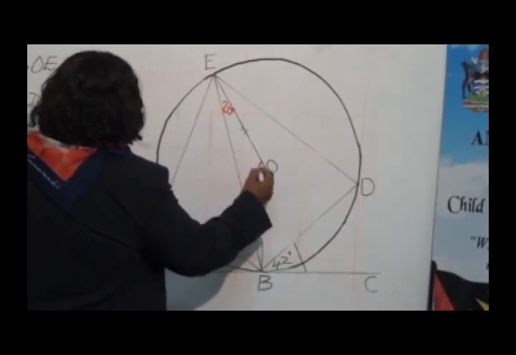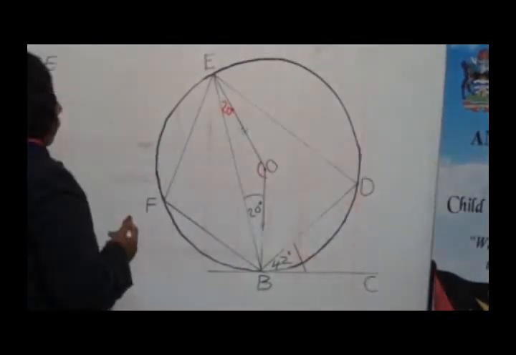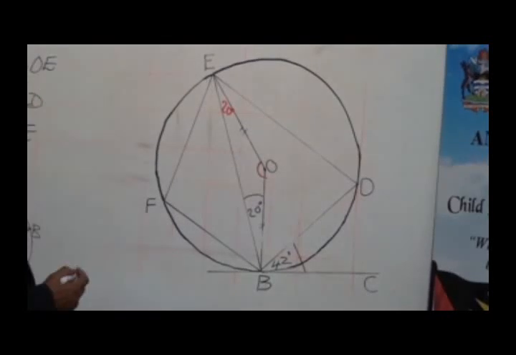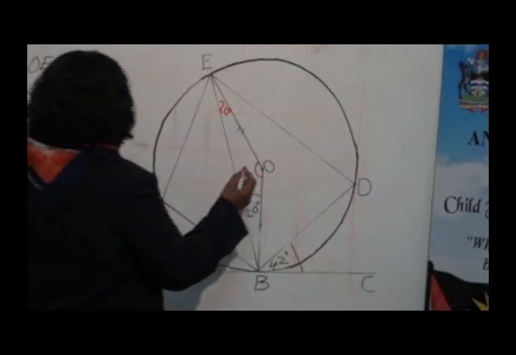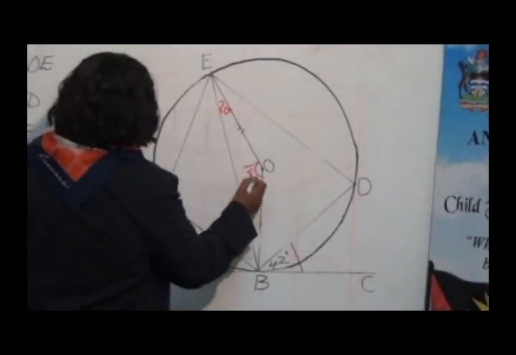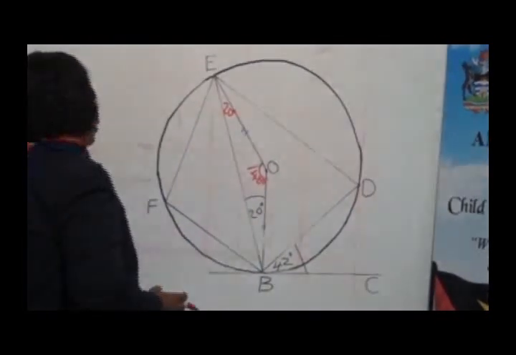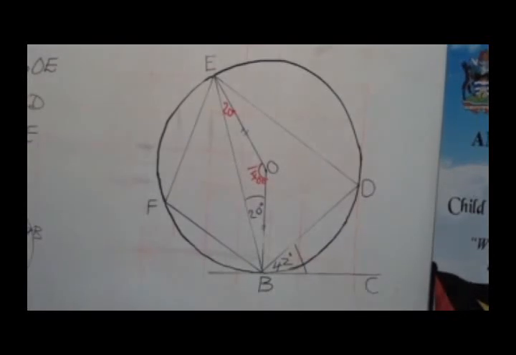And then what is this angle up here equal to? 20 plus 20 is 40, 180 minus 40 would be 140. Right, so this is 140 degrees, because the sum of the angles of a triangle is equal to 180 degrees.